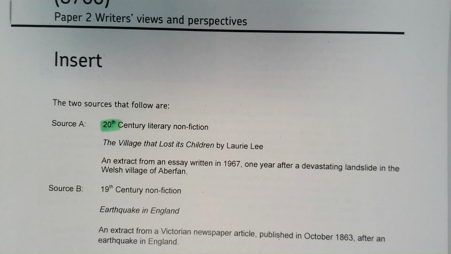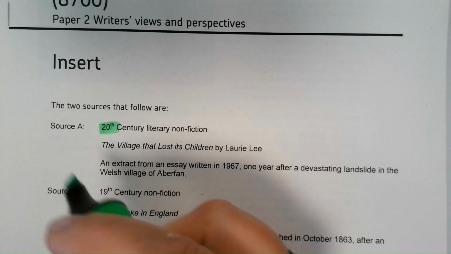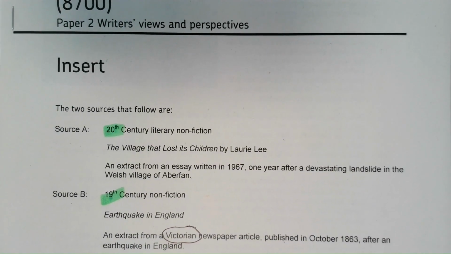That means it's after 1900. And one of them will be 19th century. The 19th century we know a bit about because we studied A Christmas Carol. So this is Victorian England, and so we do have some contextual knowledge of what it was like in Victorian England. We can use that literature knowledge.